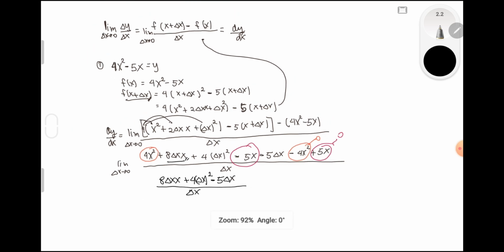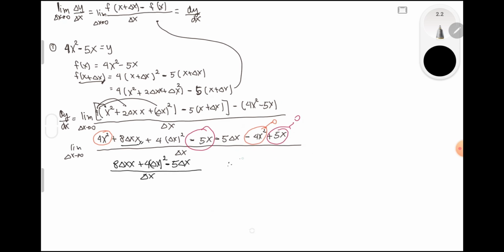So simply, our objective is to have a value that is equal to delta x over delta x, which is equal to 1, or tanggalin ang delta x sa denominator. Okay? So pag natanggal mo yan, you would have a value.